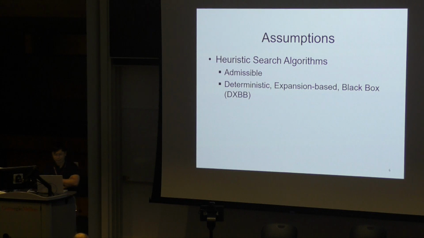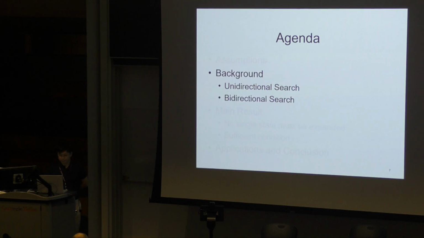We also require it to be expansion-based with black box access to the state space, which means the only way for the algorithm to get information from the state space is through node expansion. Unfortunately, many good algorithms used in planning, such as PDDL and SAS+, will not fit in our theory.